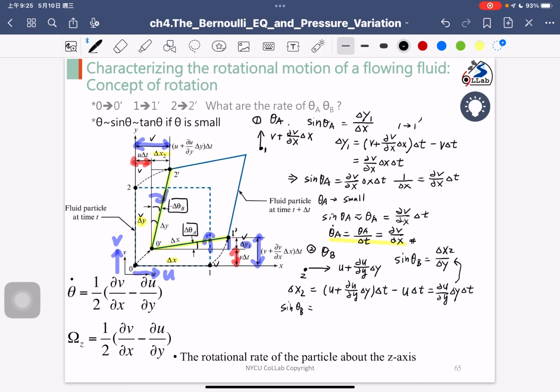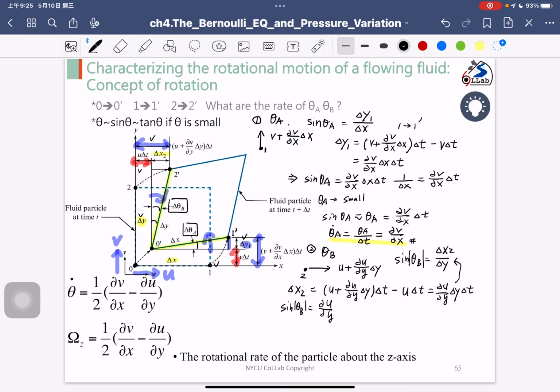Sorry, here I need to keep the absolute value of the sine theta b, because we know that theta b is negative, so I don't want to change the sign of the result.